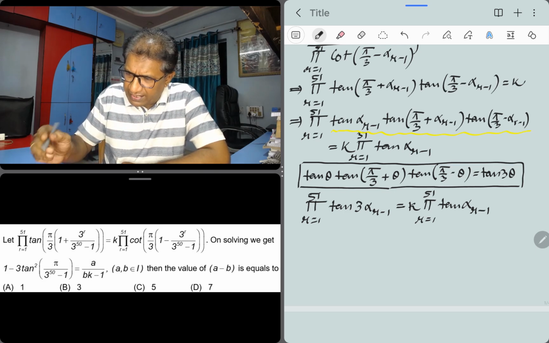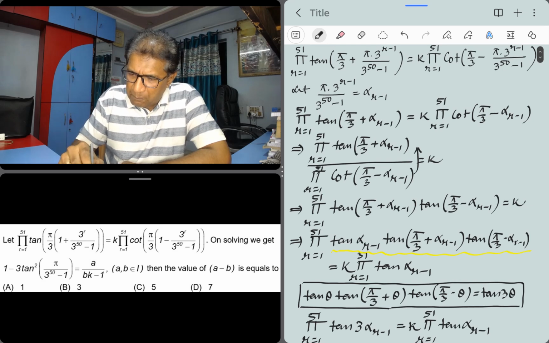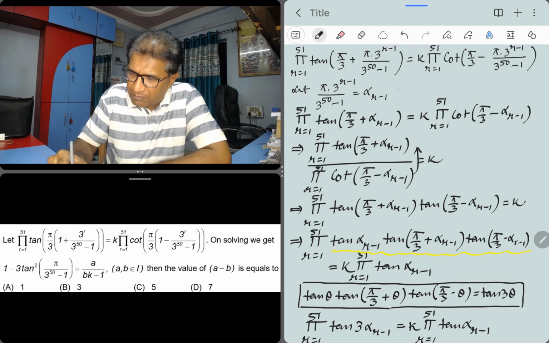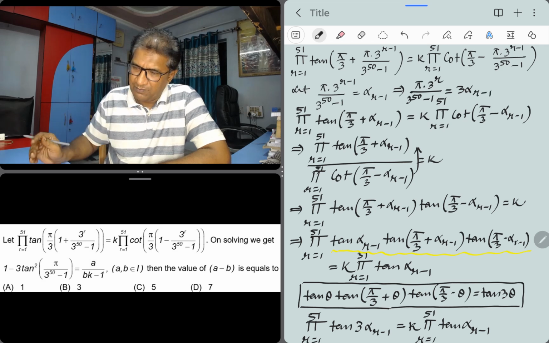Now, if you observe this, we have assumed pi into 3 to the power r minus 1 by 3 to the power 50 minus 1 is alpha suffix r minus 1. So from here we can write pi into 3 to the power r divided by 3 to the power 50 minus 1 is nothing but 3 times alpha r minus 1.